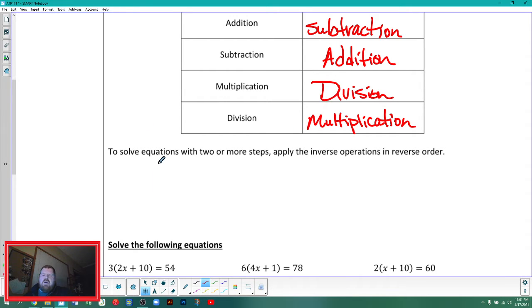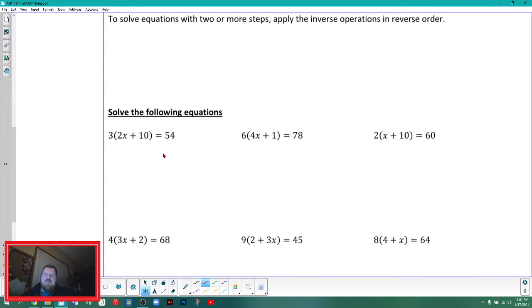So when I'm looking at an equation, and we're just going to use the first one as an example, if I knew what x was, and this is how I always approach it, I would multiply it by 2, then add 10 because of the parentheses, and then multiply by 3.